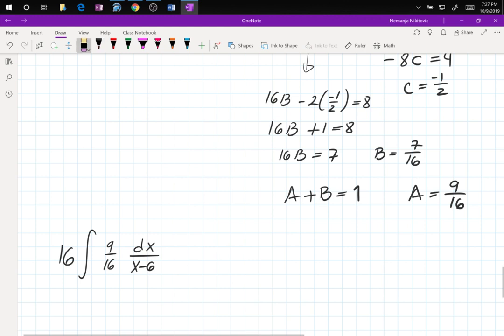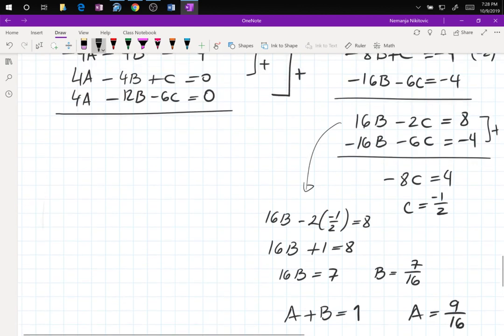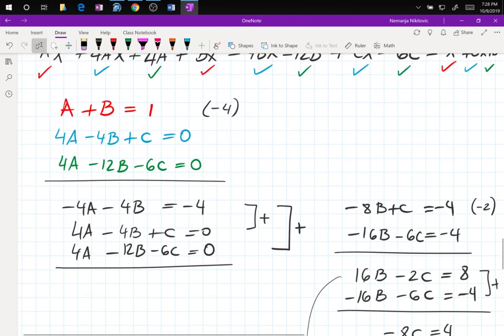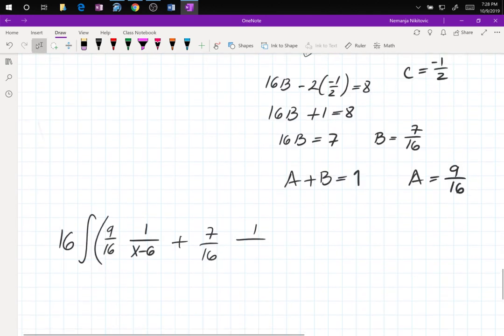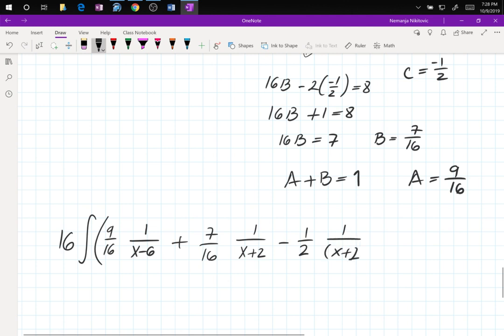Nah, just put 1, put everything in the same. Plus b, which is 7 over 16, 1 over, oh wait, there was a b, yeah, x plus 2, plus a c, so minus 1/2. That is x plus 2 squared, and now dx.